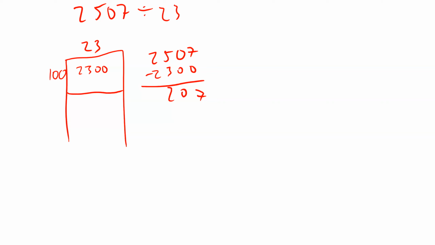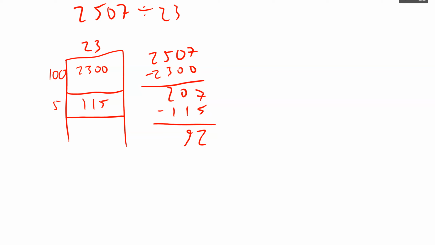So let's see what 5 is. If I had a chunk that was 5 on this side, 5 times 23, that's going to give me 115. I need to subtract my 115 from my 207, which is going to give me a remainder, or what's left, of 92.